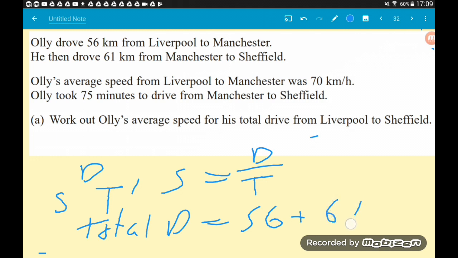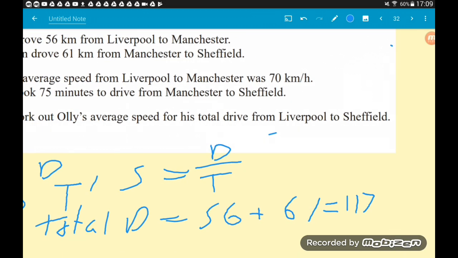So we want to do 56 add 61, which will give us 117 kilometres. So that's his total distance for the whole journey.